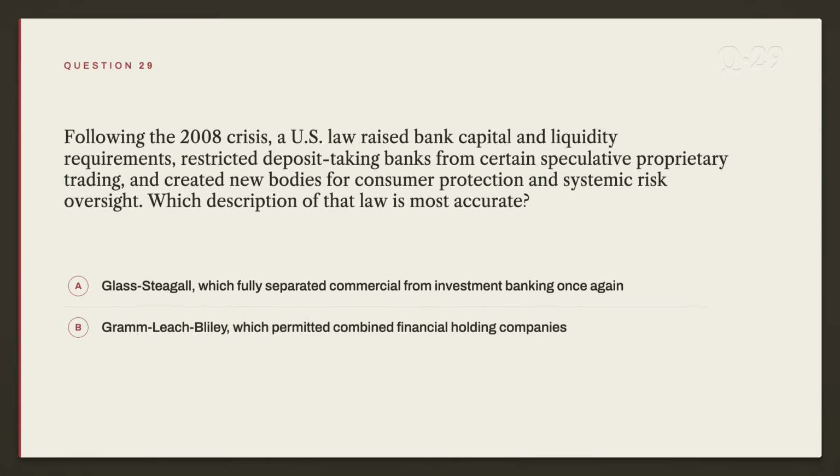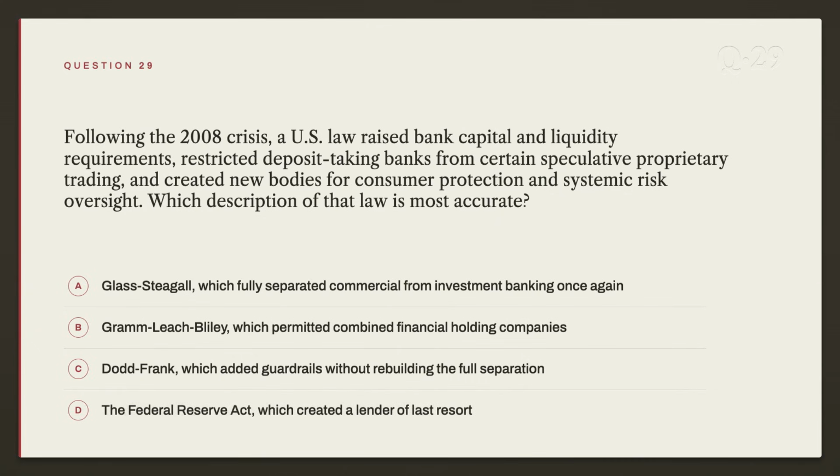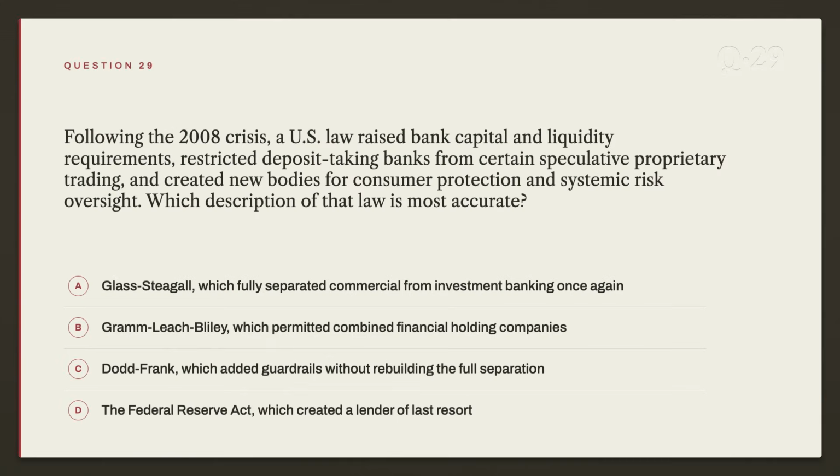B. Gramm-Leach-Bliley, which permitted combined financial holding companies. C. Dodd-Frank, which added guardrails without rebuilding the full separation. D. The Federal Reserve Act, which created a lender of last resort. Pick one. Trust your gut. Here's your chance to test yourself.